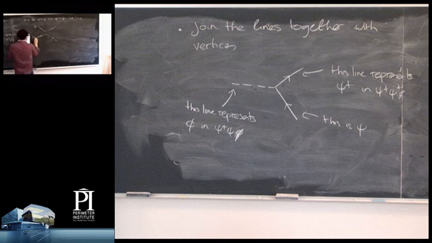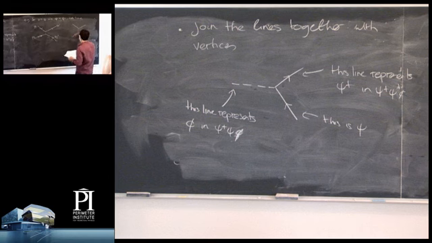I should also label these. It's useful to know which particles we're talking about coming out, so we'll label them with the momentum that we've chosen for those particles. So that's one way. There's another way which looks the same, but where just the labels have been split.